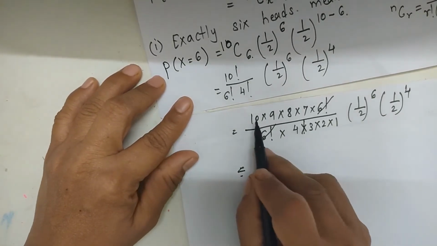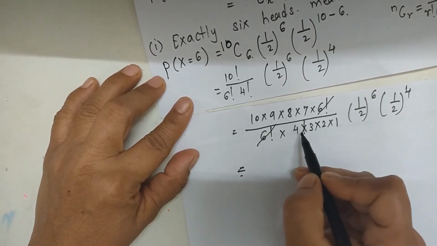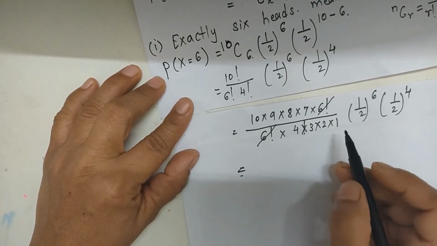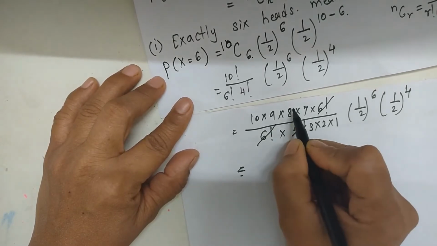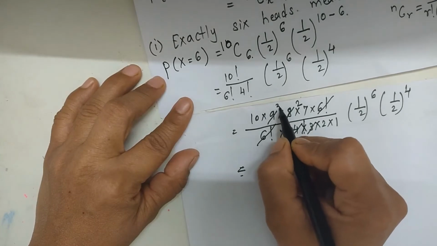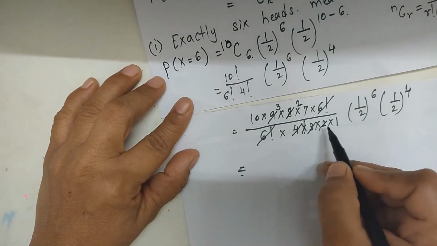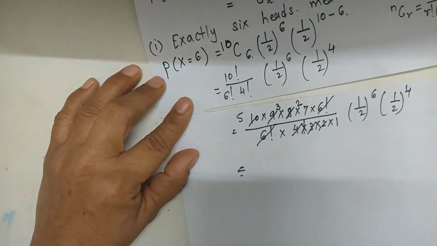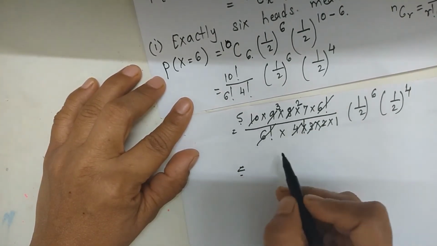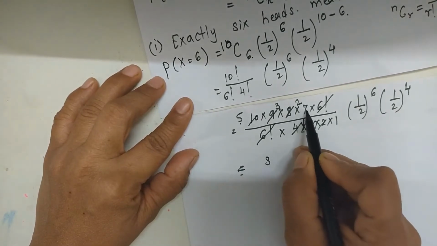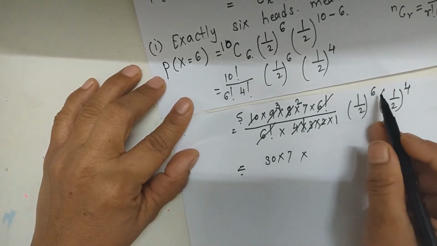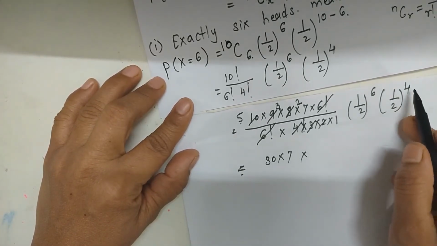Now dividing 10, 9, 8, 7 by 4, 3 and 2: 4 and 2 go into 8, 3 into 9, and 2 into 10 gives 5. So 5 into 3 into 2, 15 into 2, 30. 30 into 7 into half raised to 6 into half raised to 4.